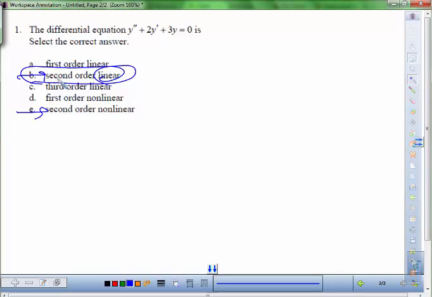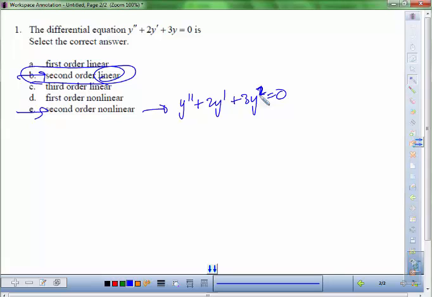Can you give me an example of a second order nonlinear differential equation? So same thing. If you just do something to one of the y's, any of the y's, it could be the y prime, or even the double prime.